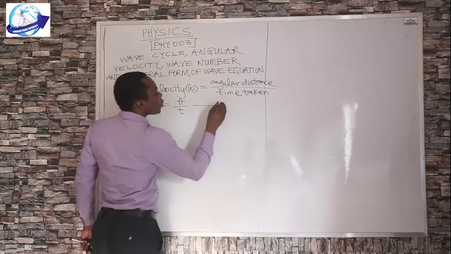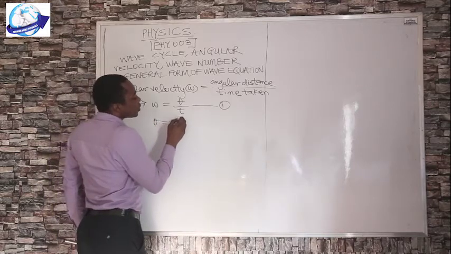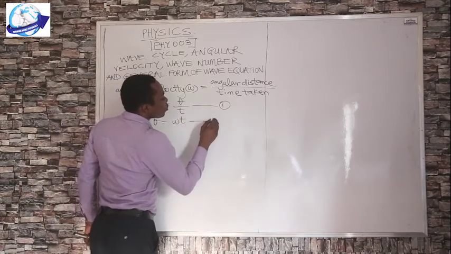Let us call this equation 1. It implies that theta is equal to omega t, or call that equation 2.